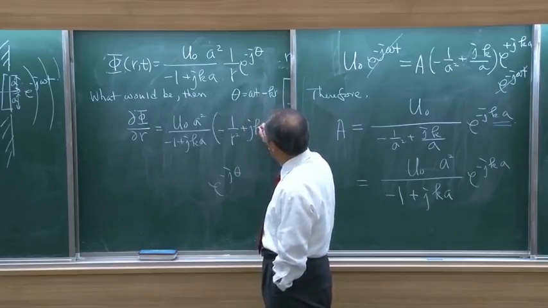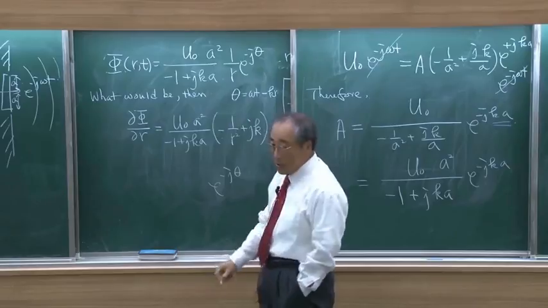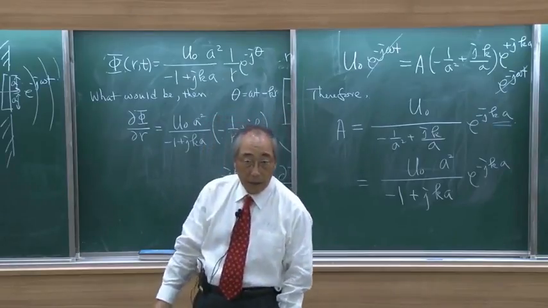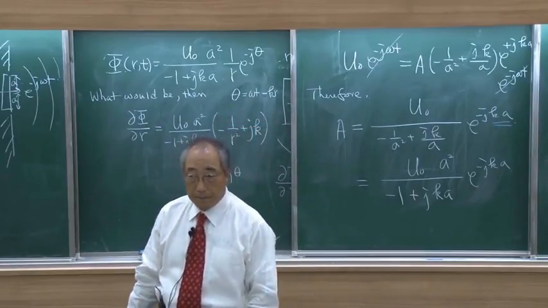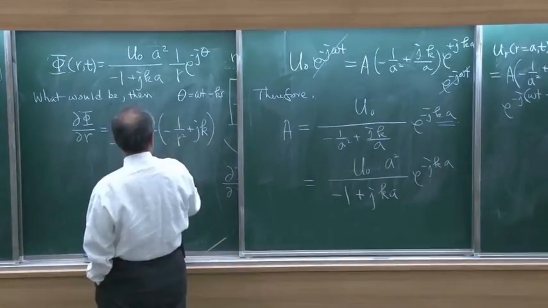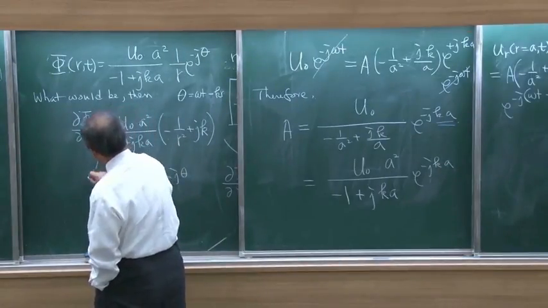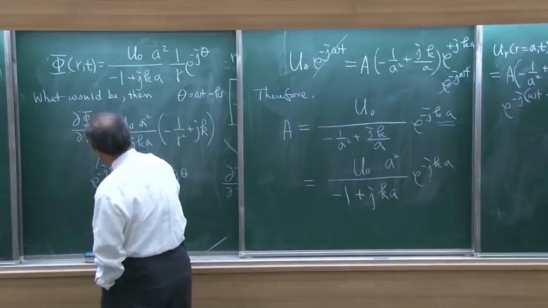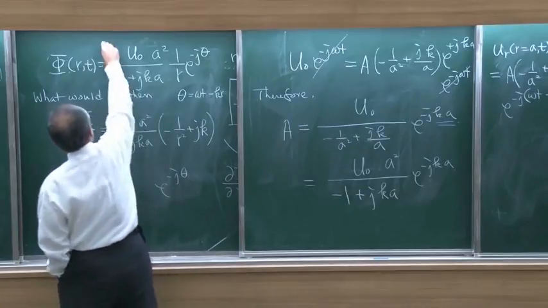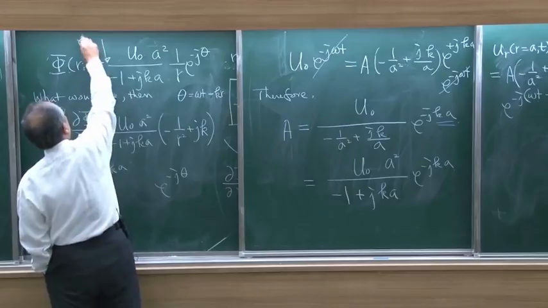Okay, this is what I got, right? Additional term exponential minus jka.